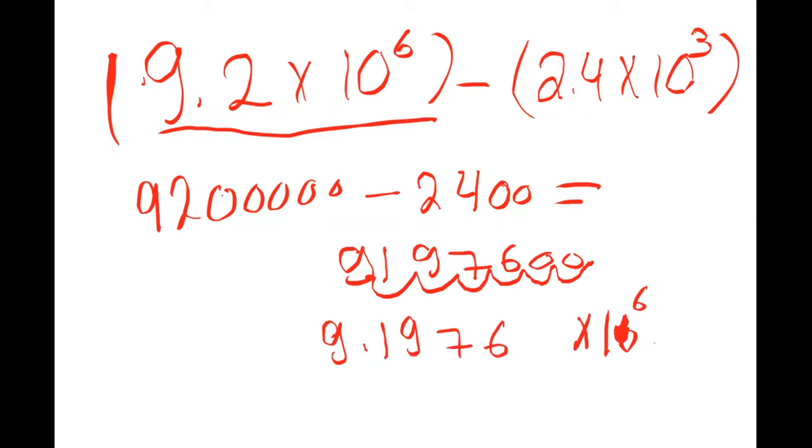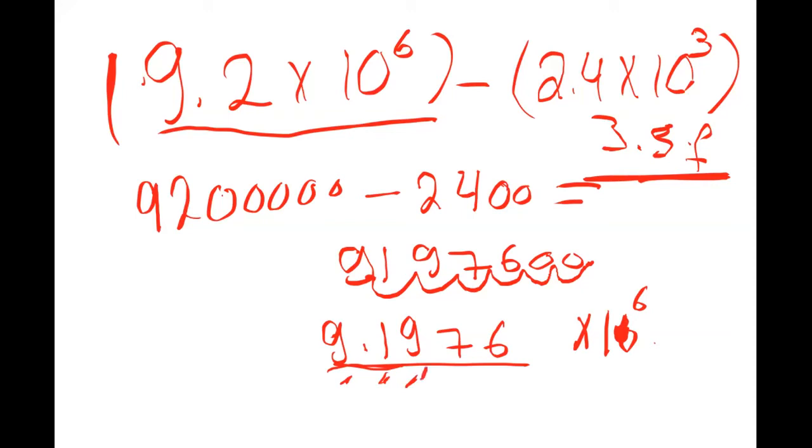Sometimes they ask you to write your standard form number to 3 significant figures. What does it mean? I have to round the decimal, not the 10 power. Significant figures means the most important digits from the left. So I will count 1, 2, 3.